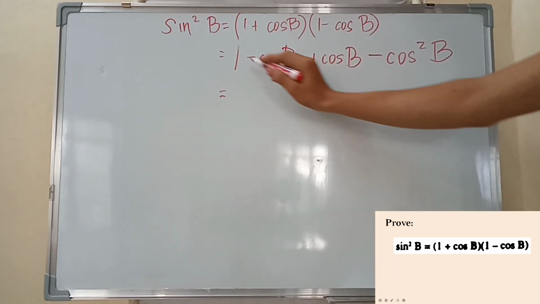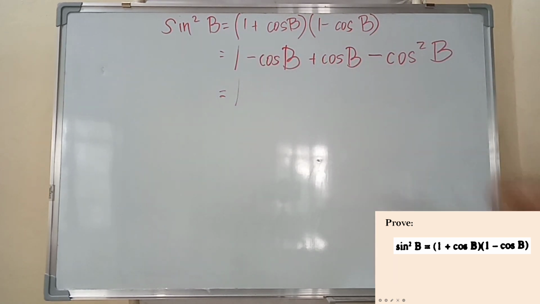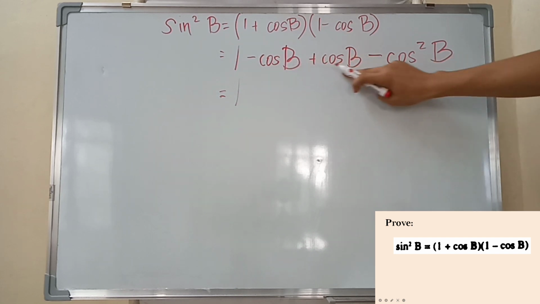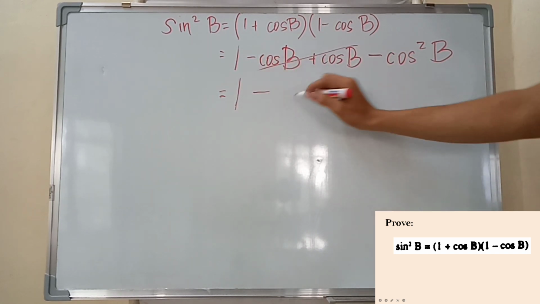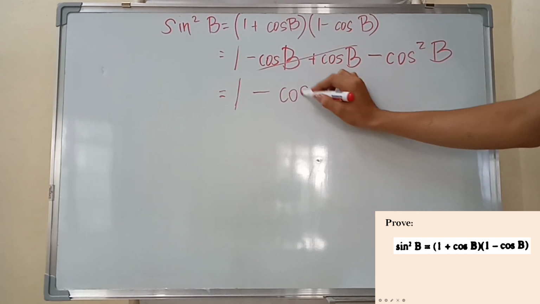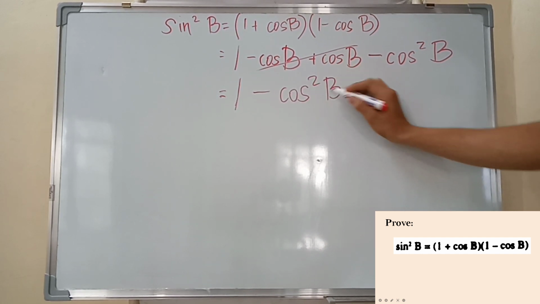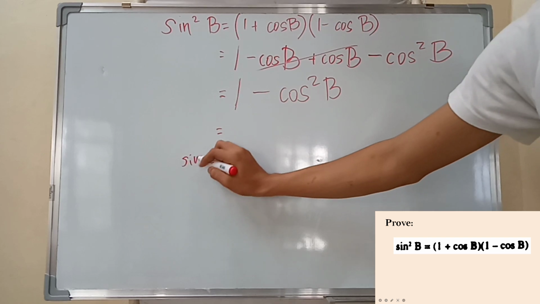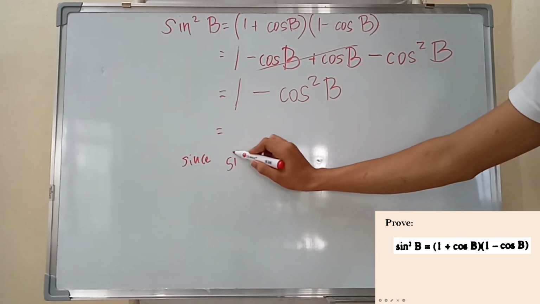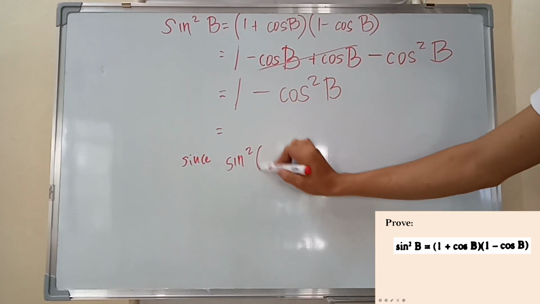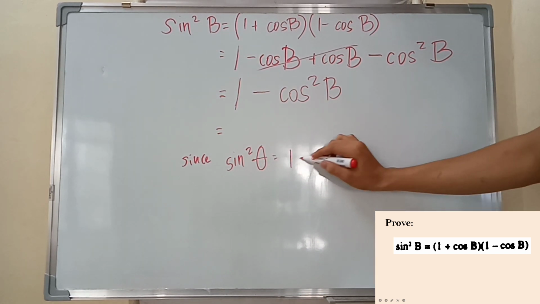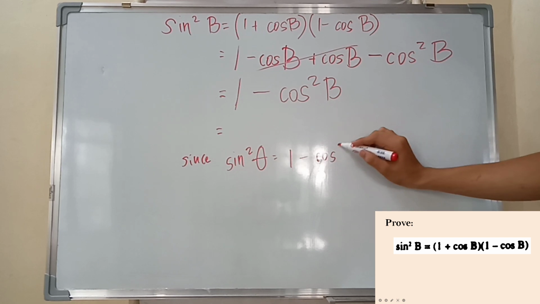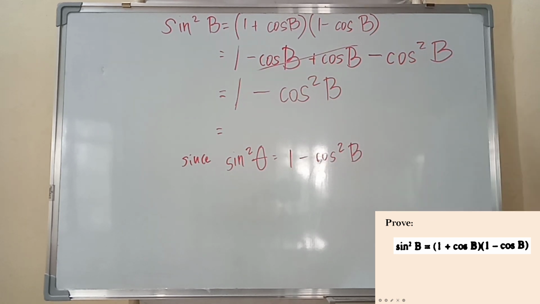Next, combine like terms. So, negative cosine b plus cosine b is 0. So, ang may iwan is 1 minus cosine squared b. Since sine squared theta is equal to 1 minus cosine squared theta, yan yung kanina sa Pythagorean identities.